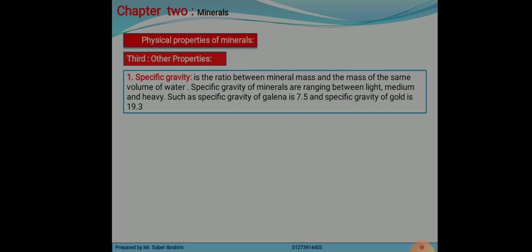Some other properties, like specific gravity. Specific gravity is a ratio between the mass of a mineral and the mass of the same volume of water.